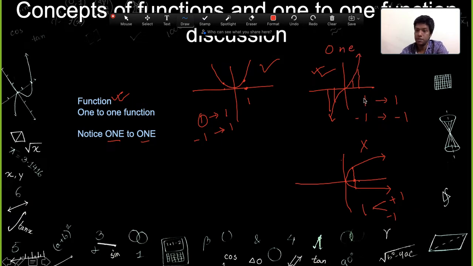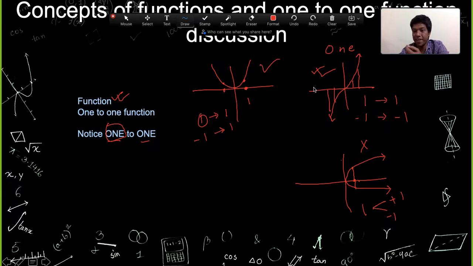Okay, from the name also, each of the x values has a distinct y value. Even two x values cannot have the same y value. The y value has to be different for the one-to-one function.